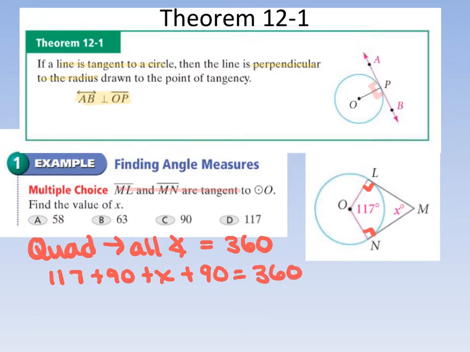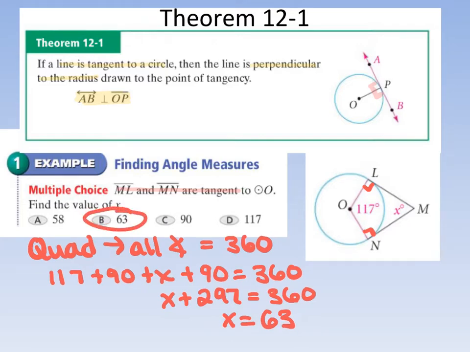So if I simplify, 117 plus 90 plus 90 gives us x plus 297 equals 360. And when you solve, doing 360 minus 297 gives you that the value of x equals 63. So the answer for this question is B.